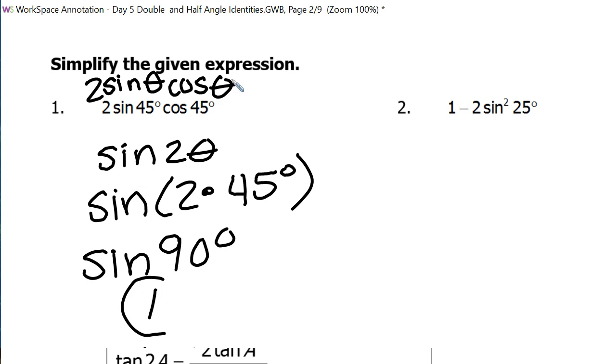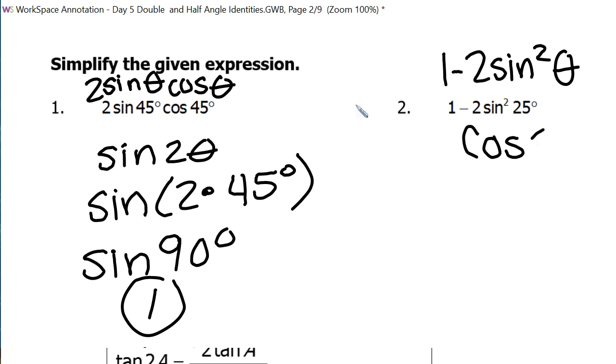Next one, number 2, we have 1 minus 2 sine squared of theta, and that looks like which formula? The third one, for cosine of 2 theta. So this is cosine of 2 theta, but they didn't use theta. What did they use? 25.